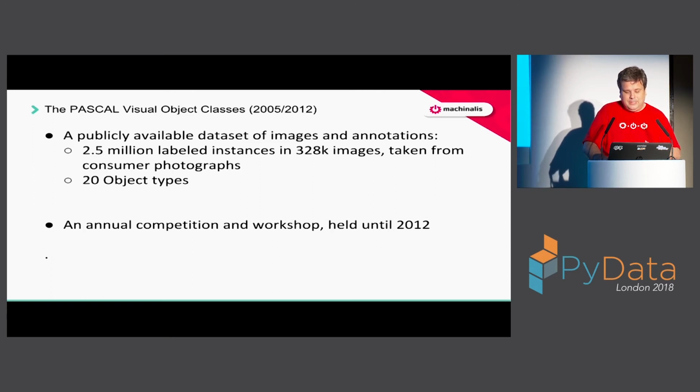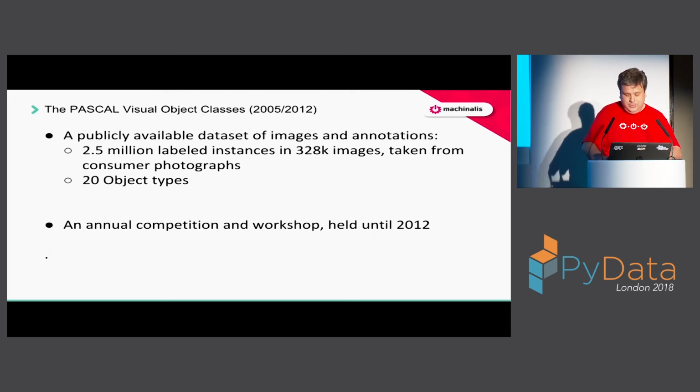First of all, the Pascal Visual Object Classes. It was a dataset created in 2005, which has the classes of many elements, and additionally it has annotations of every location where every object is located.